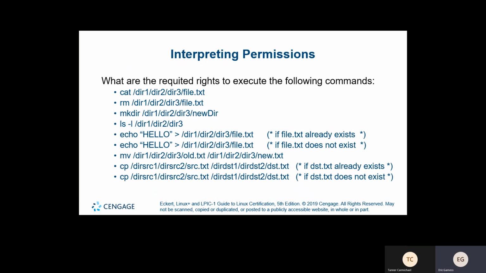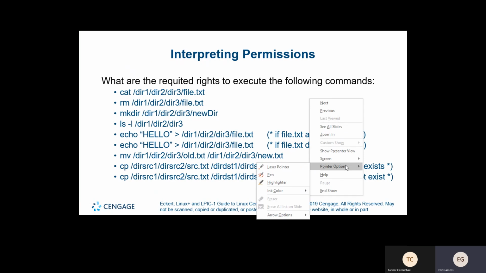Echo hello, and we redirect the output of the echo command into the file which is there. We give the absolute path, which is /dir1/dir2/dir3/file.txt.